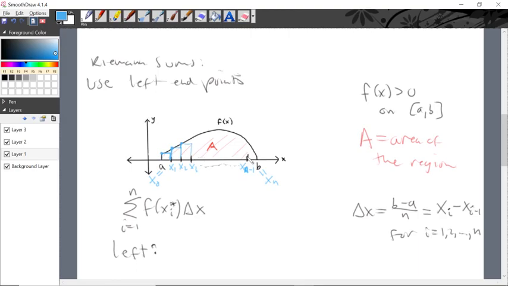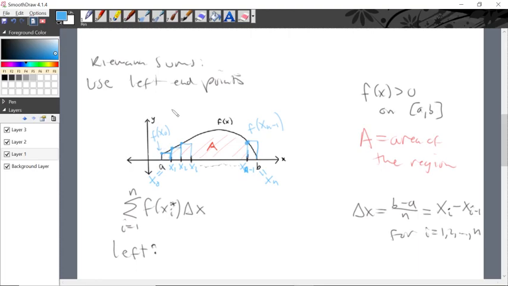Over here on the other side, the last rectangle we choose, its height is going to be determined by f of xn minus 1. That's going to be the height of our last rectangle. Over here, the first rectangle was at f of x naught.